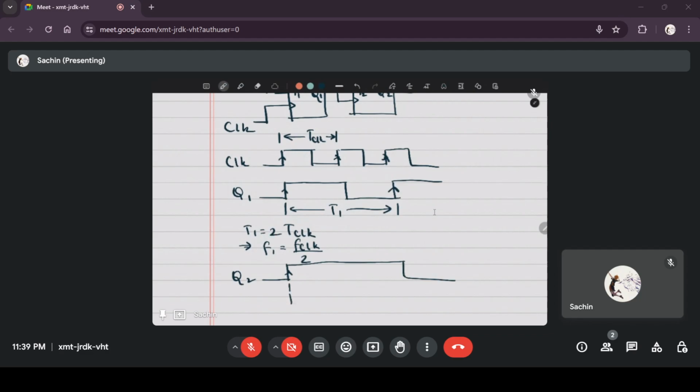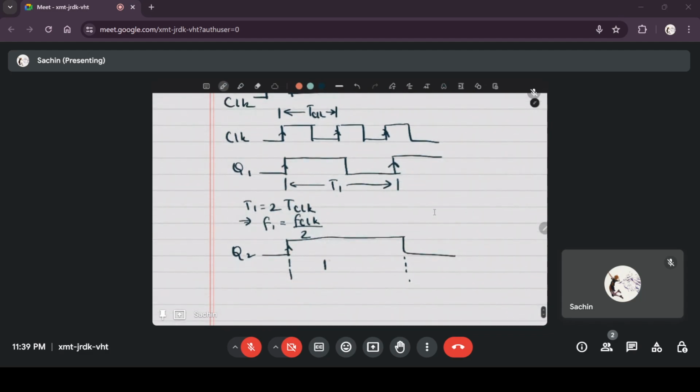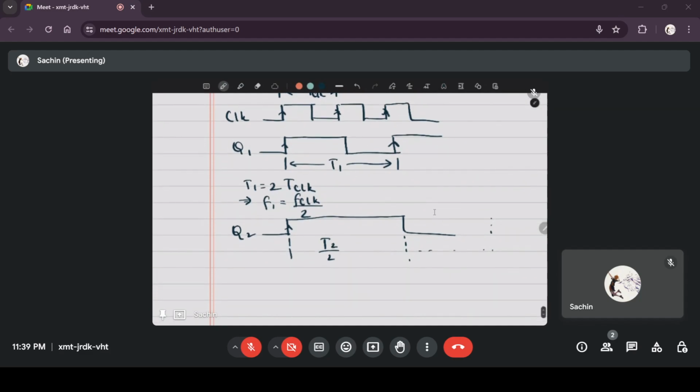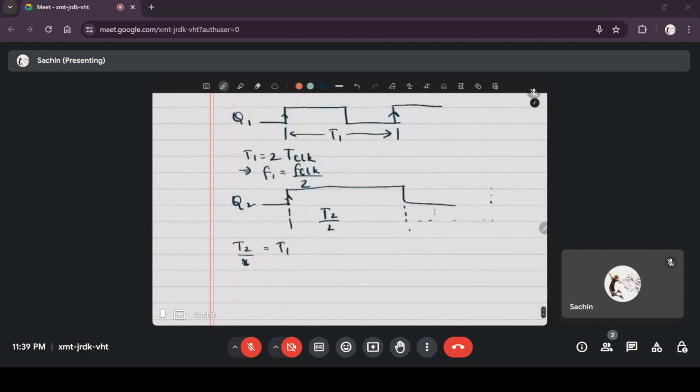So this is T2 by 2, that's only half of the wave, so T2 by 2 is equal to T1, T2 is 2 T1, which is equal to 4 times the clock period.